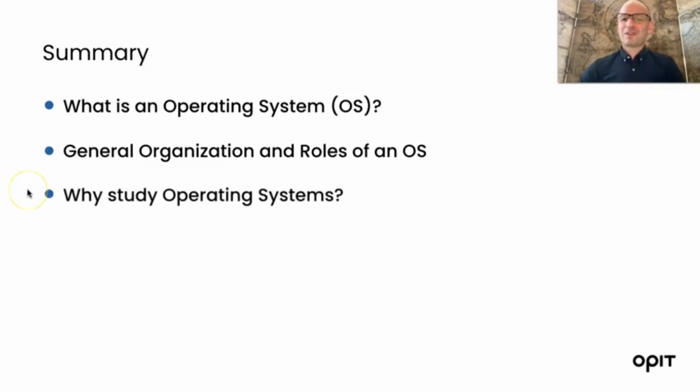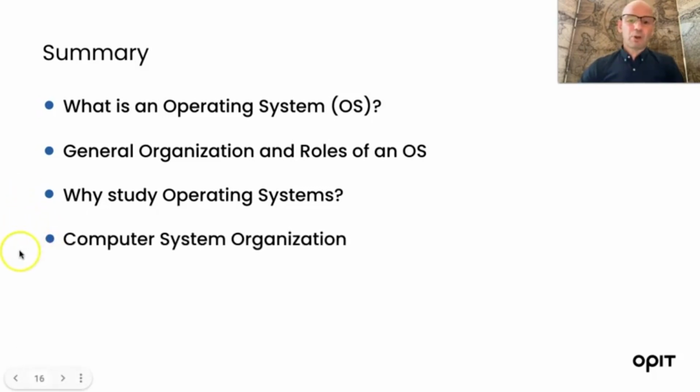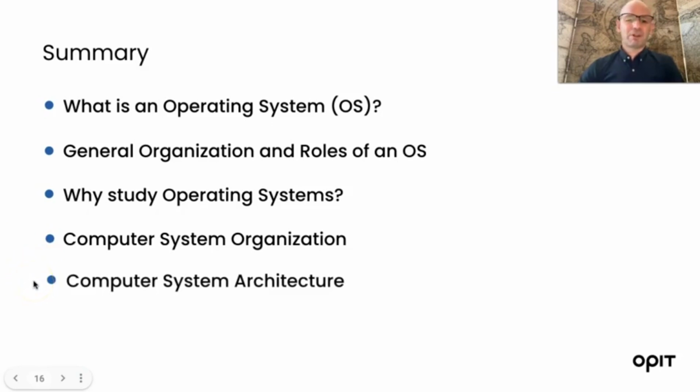Why study operating systems? Because it allows us to become better at programming applications that run on an operating system. If we understand operating systems, we know how to interface with, for example, an API that allows us to save to a storage location. We also talked about computer systems organization and a little bit about computer system architecture.